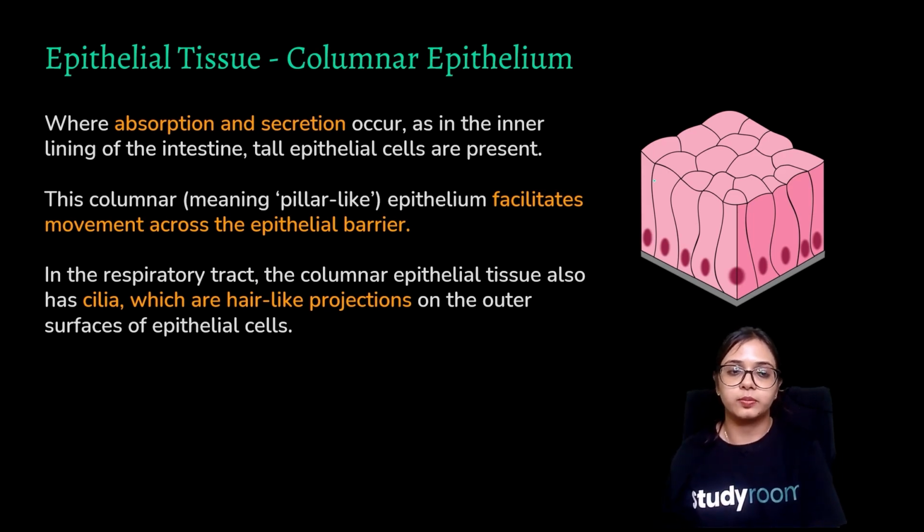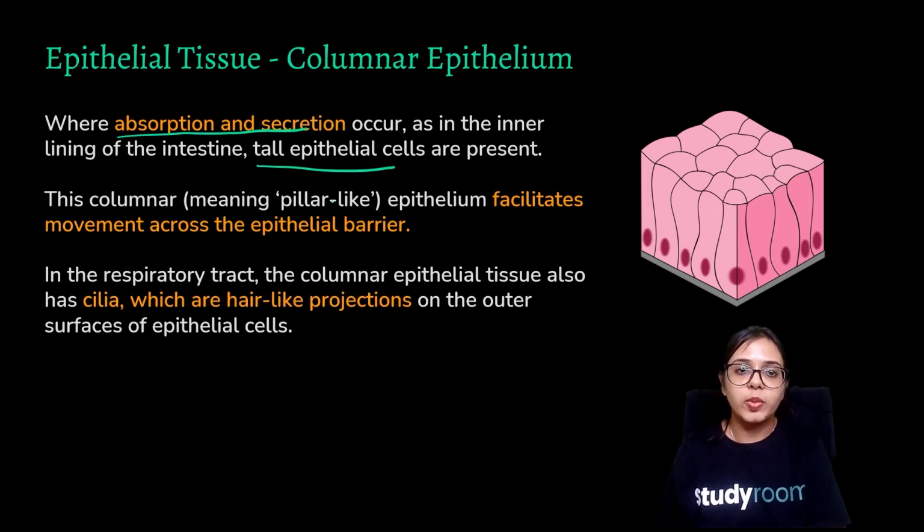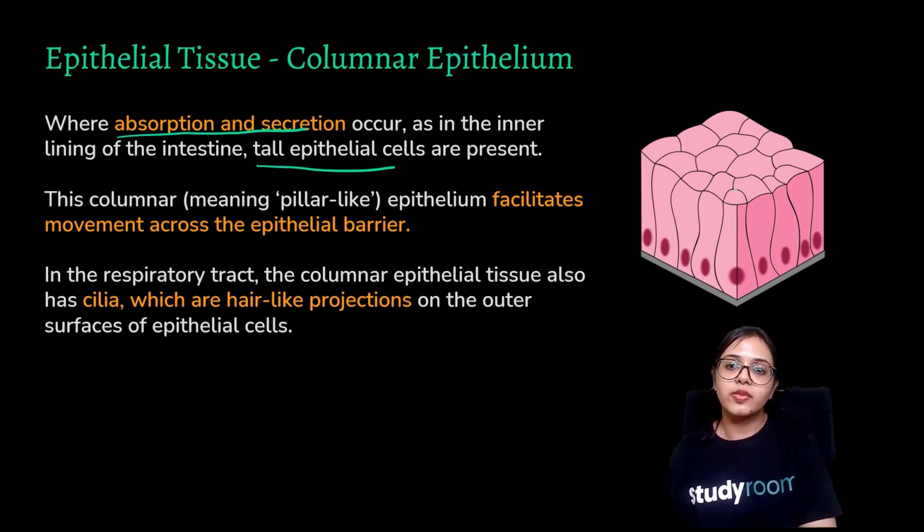So all those places where absorption and secretion occur will have tall epithelial cells of columnar nature. This columnar, meaning pillar-like, epithelium facilitates movement across the epithelial barrier. Since it's tall in nature, the transfer of material is easy from one epithelial cell to another.